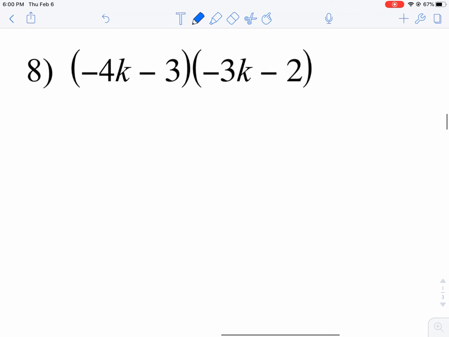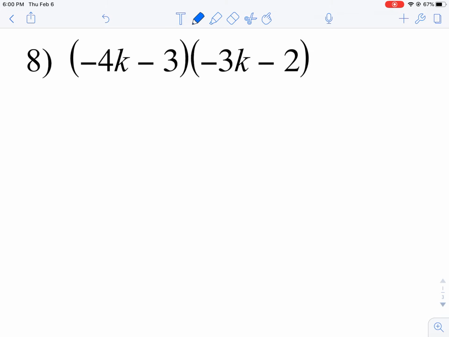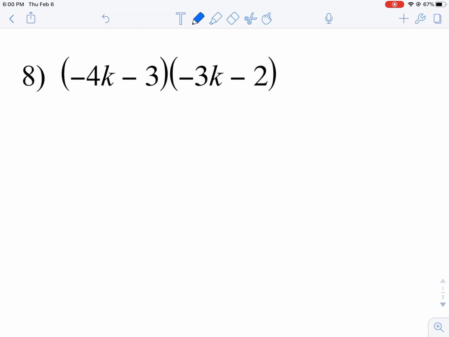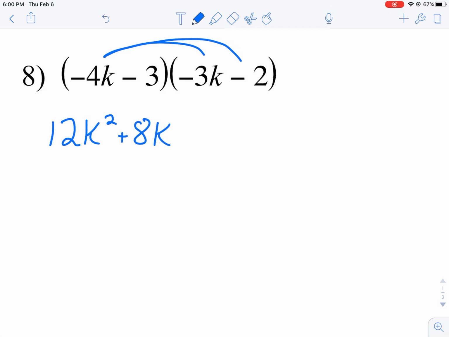Same thing for number 8 here. I'm dealing with negative 4k minus 3 times negative 3k minus 2. Let me show you FOIL on this one. So the first for FOIL is negative 4k times negative 3k gives me a positive 12k squared. Then I'm going to do negative 4k times negative 2 gives me a positive 8k.